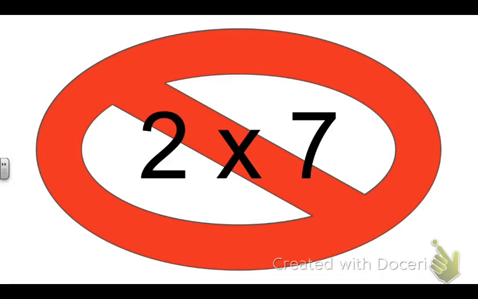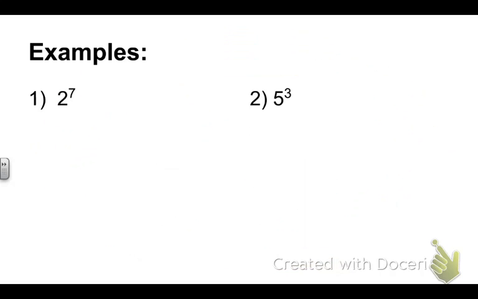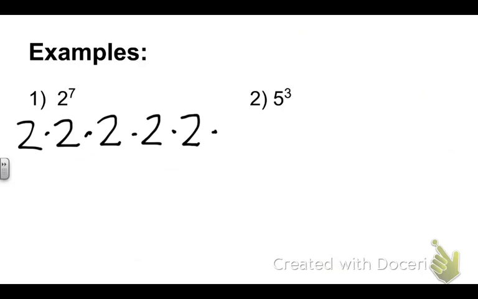This is the biggest mistake that people are going to make. It says that I need to take that 2 and multiply it 7 times, not by 7. Those are two completely different things. All right, it's just going to take a little bit of time. So again, I've got my 2 to the 7th power. What that actually means is 2 times 2 times 2 times 2 times 2 times 2 times 2.